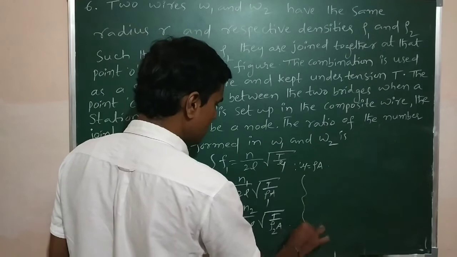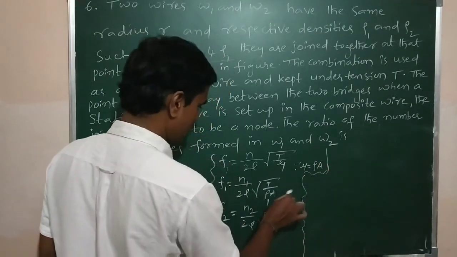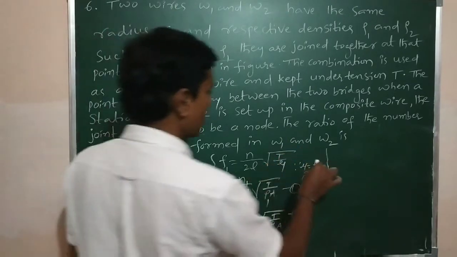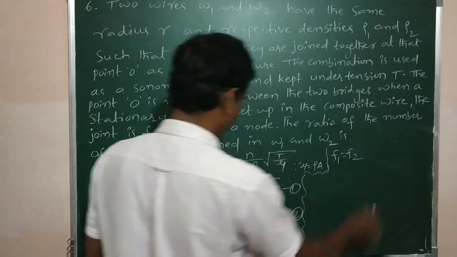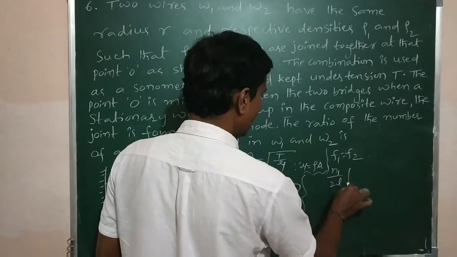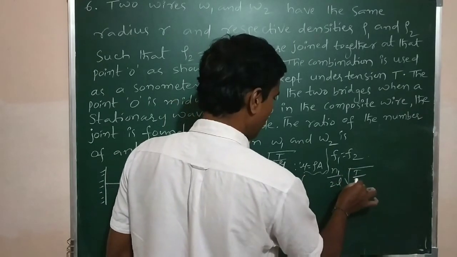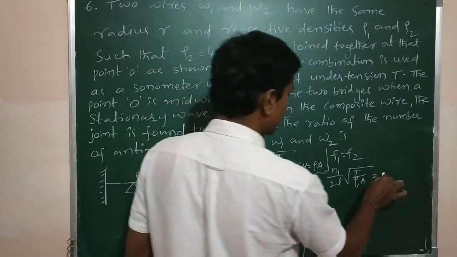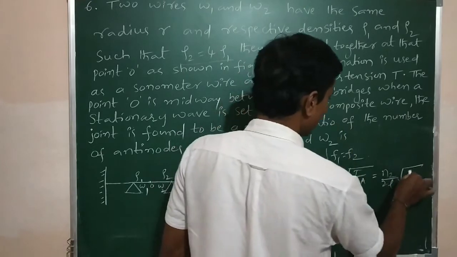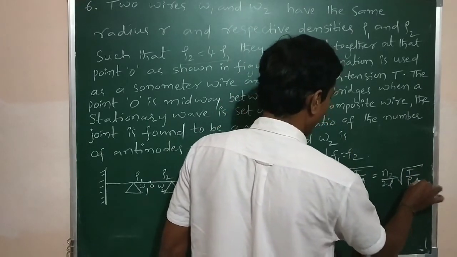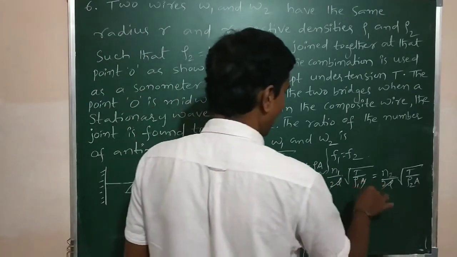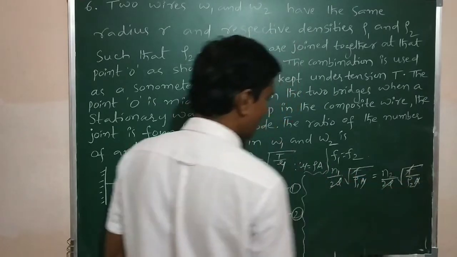So both frequencies are the same. This is the first equation and this is the second equation. Equating both frequencies, F1 equal to F2: N1 by 2L into root T by ρ1 A is equal to N2 by 2L root T by ρ2 A. Here 2L cancels, A cancels, and root T cancels.